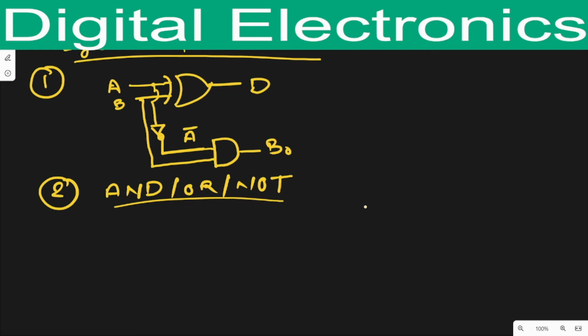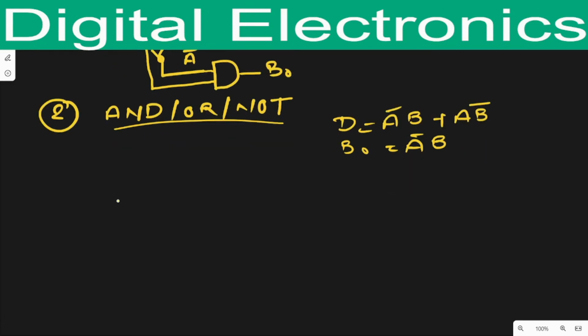So we know that the difference equation is A bar B plus A B bar, and the borrow equation B naught will be A bar B. So I will try to represent these equations by using AND, OR, NOT gates only. Is it clear to all of you?